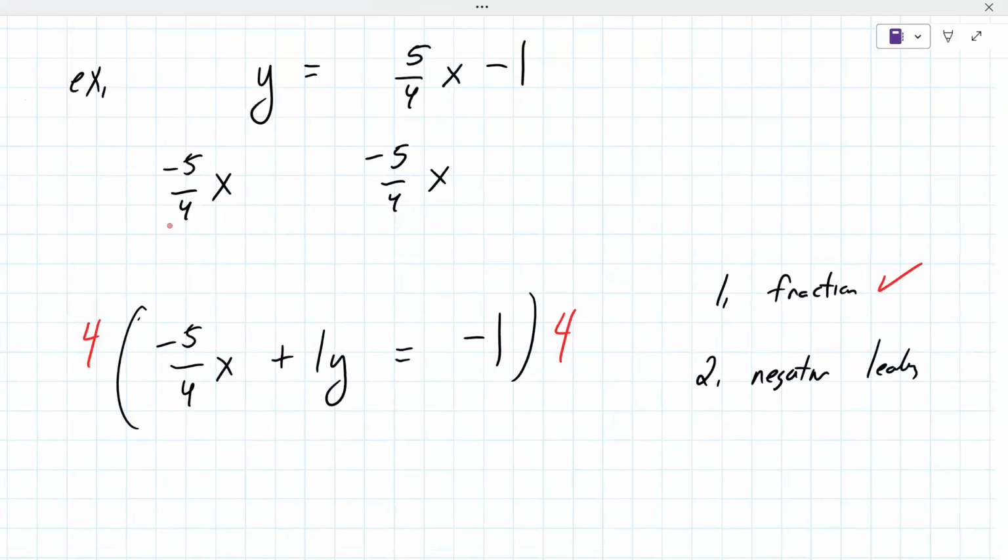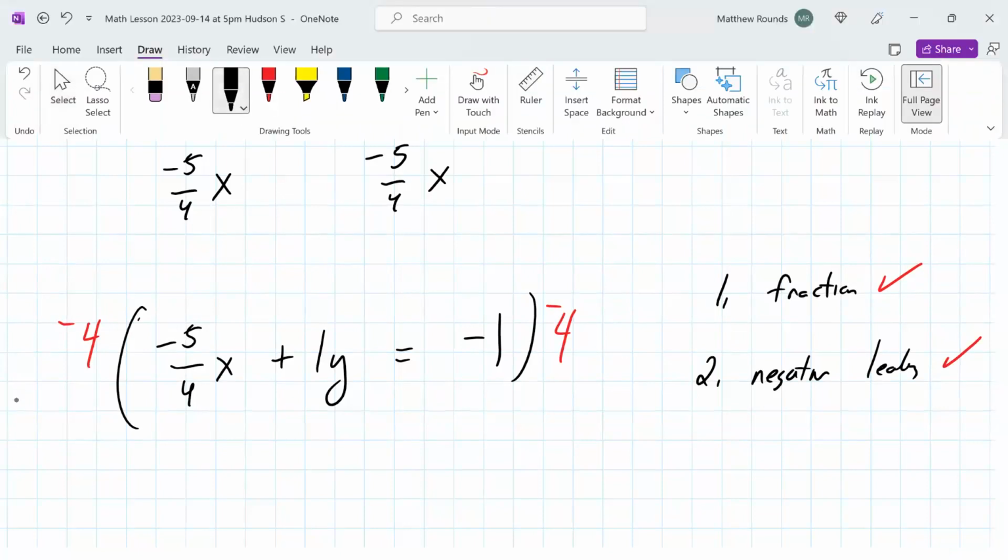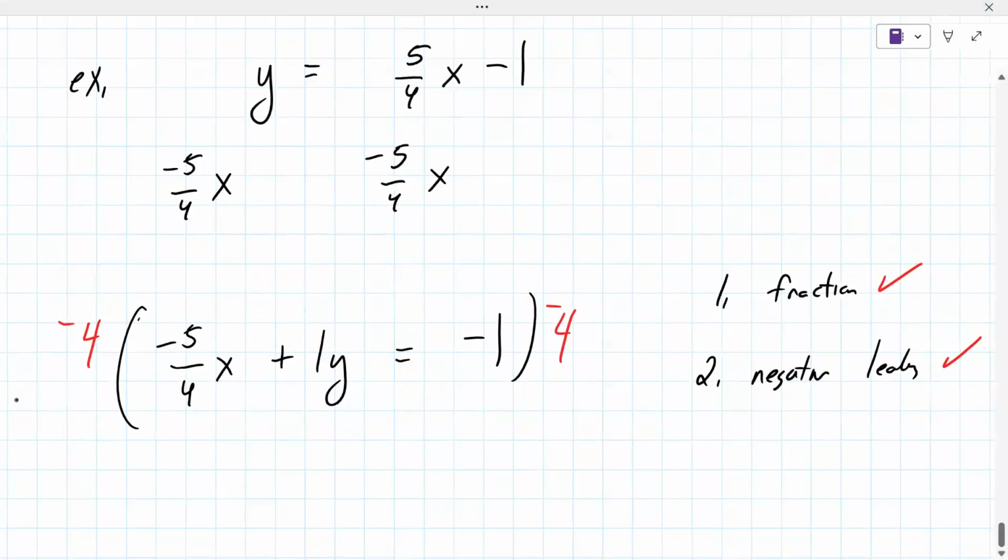Would you agree with that? And if you put a negative there, that deals with the negative leading because the negative times the negative makes a positive. So this ends up being 5x minus 4y equals +4.